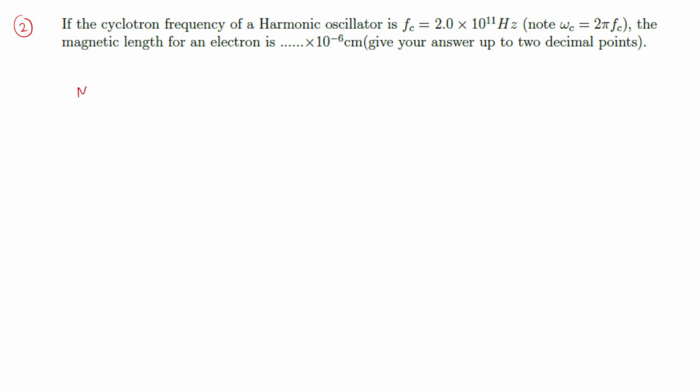So the magnetic length for an electron in a magnetic field is given by l_B equal to square root of h bar c over eB, for an electron in some magnetic field.